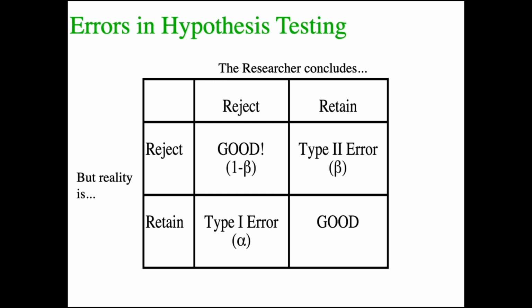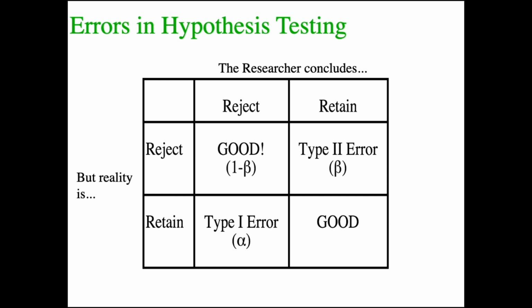In the lower right corner, you can see the other good decision. This is when we've decided that our sample's characteristics don't exceed the cutoff. So we retain H0 and say that there's nothing really fancy about them. They're just best described by the null hypothesis. And reality is that we should have retained the null hypothesis. So again, we'd be making the proper decision there, retain and retain.